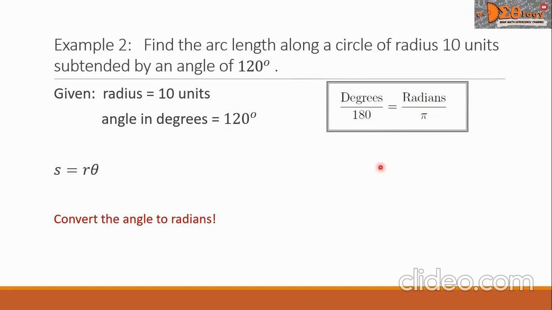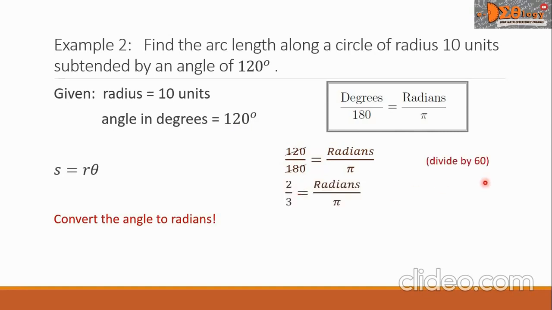We will write again the formula, and for the degrees we're going to put the 120 value here. And then we will simplify further. We can reduce this 120 over 180 into lowest term. We will divide by 60. So the 120 divided by 60 is 2 over the 180 divided by 60 is 3.